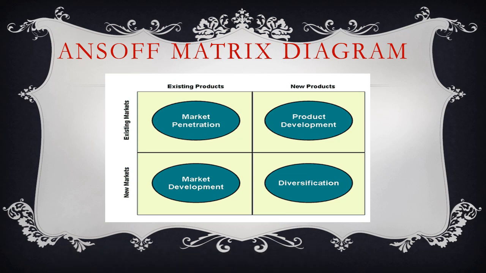The third strategy is market development, when we are exploring new markets or new market segments with existing products. And the fourth strategy is called diversification. That is when we are trying to explore new markets with completely new products.